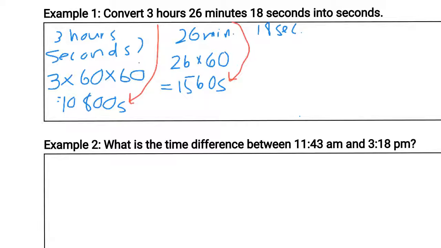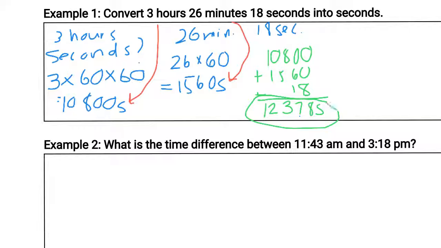So I have 10,800 seconds in 3 hours, plus 1,560 seconds in 26 minutes, plus 18 seconds there, and that gives me a total of 12,378 seconds in 3 hours, 26 minutes, and 18 seconds. So there is my total.